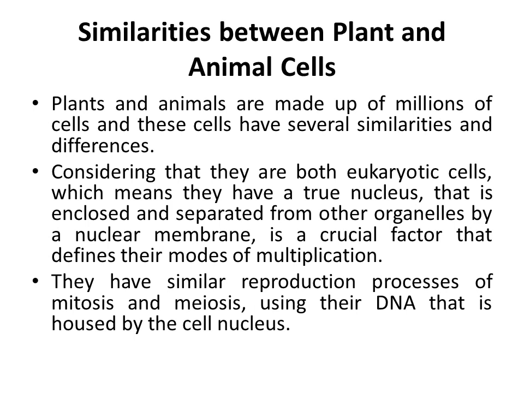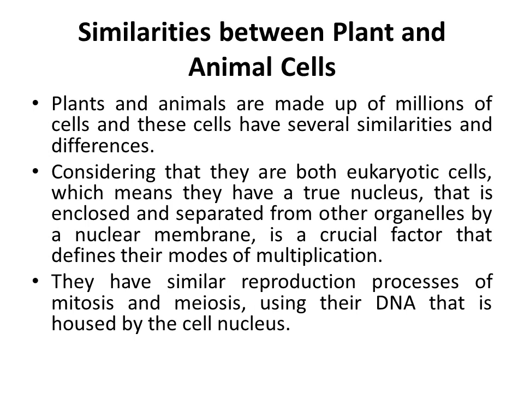If the cells are eukaryotic cells, it clearly means that there would be the presence of membrane bound organelles as well as a true nucleus in the cell that is enclosed and separated from the rest of the organelles found in the cell.